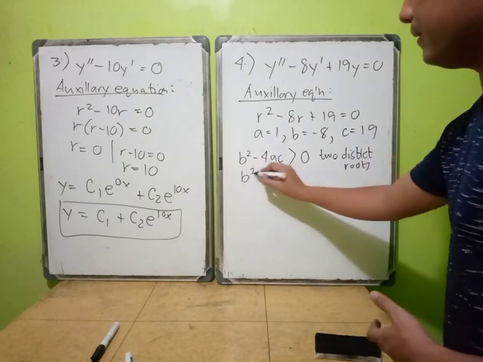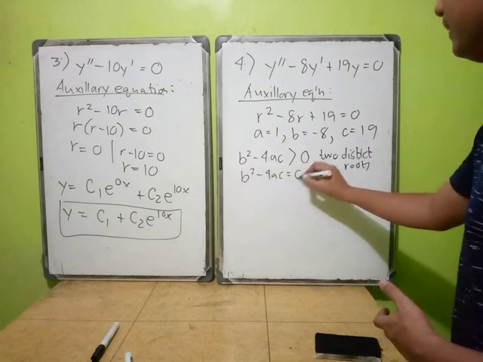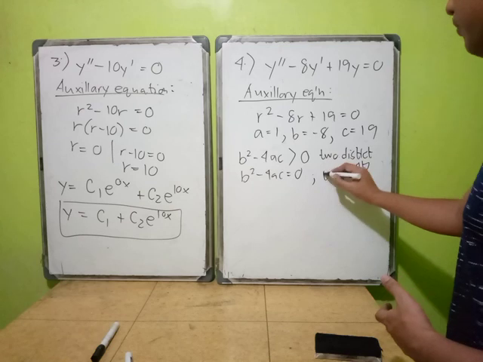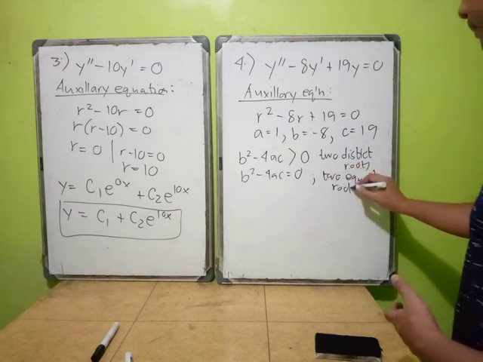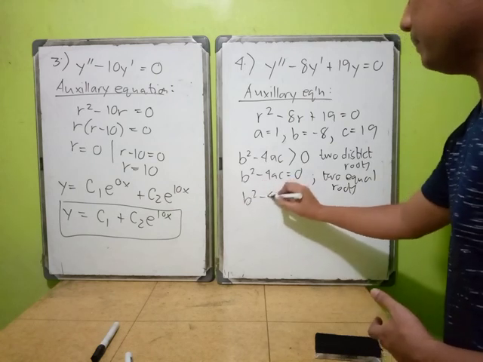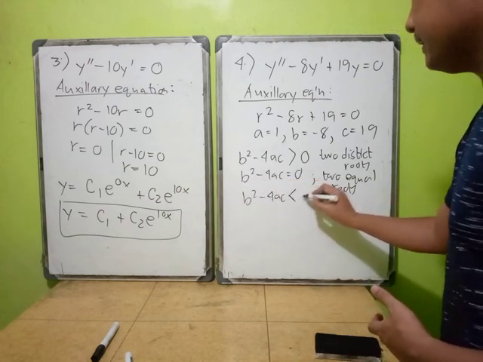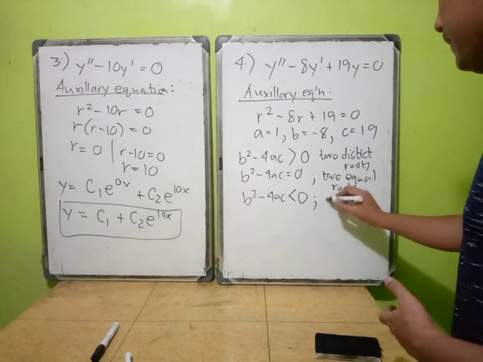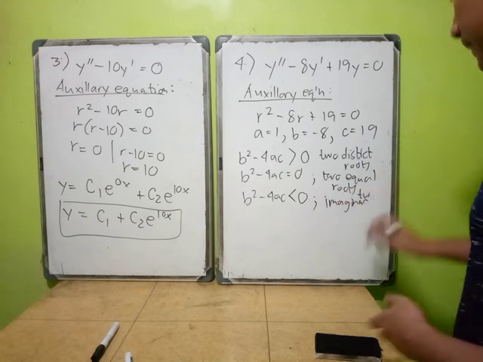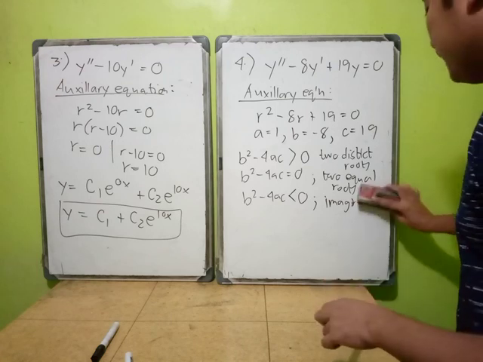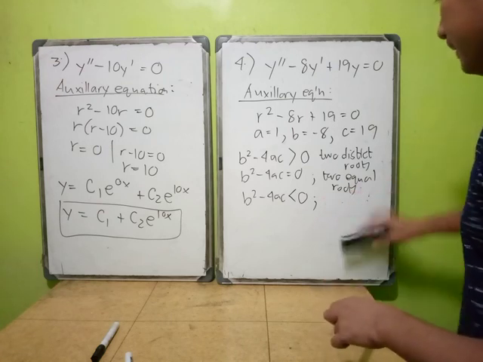If b squared minus 4ac is equal to 0, it has two equal roots. And if b squared minus 4ac is less than 0, you have two imaginary roots.